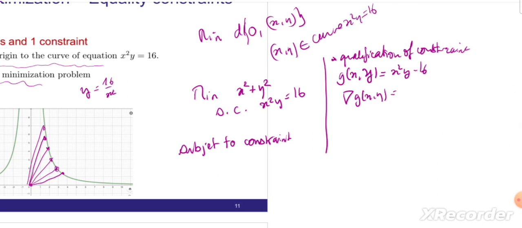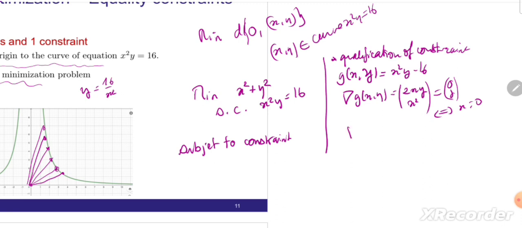The gradient is going to be 2xy and x squared. And so this is going to be equal to 0, 0, only if x is equal to 0 and y has any value. But we see that when x is equal to 0, my curve is not defined. So the points that would be unqualified actually don't belong to my constraint.